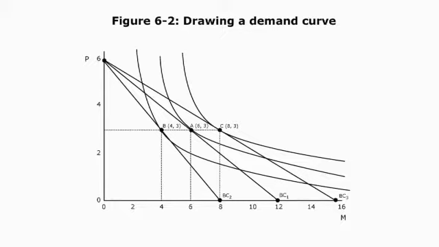Now let's say the price of movies rises to $12. So the price of movies rises from $8 to $12. Well, what does that do to the budget constraint?